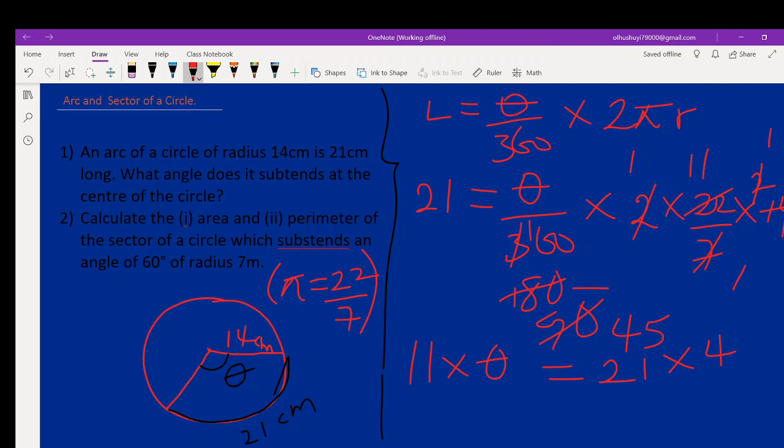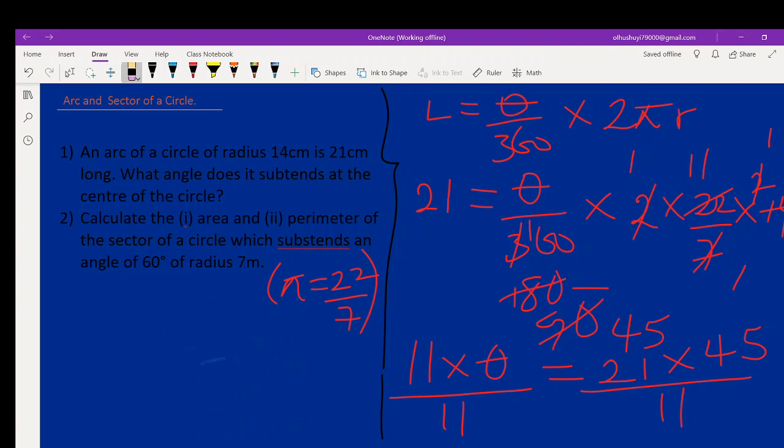Divide both sides by 11. 11 cancels out 11, then theta should be equal to 21 times 45.